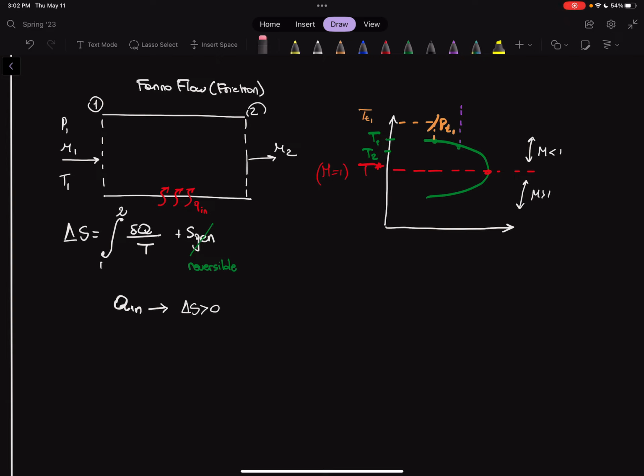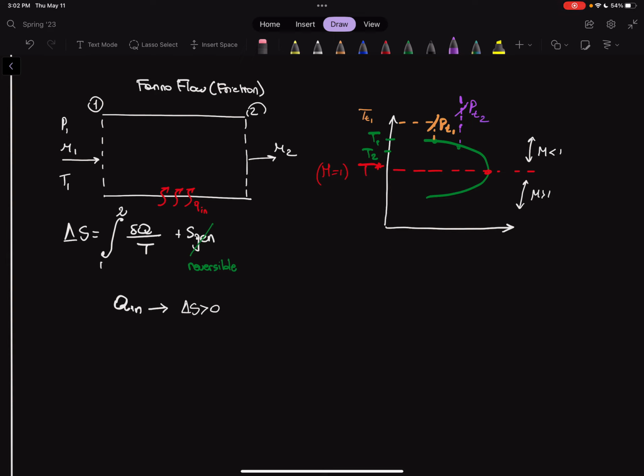So you can see that the total temperature is always increasing because of the heat. And the total pressure is decreasing too. Yes, because of this creation of entropy. And so entropy affects pressure always, and temperature only if it's the heat case. Okay. So that's the difference with Fanno flow.